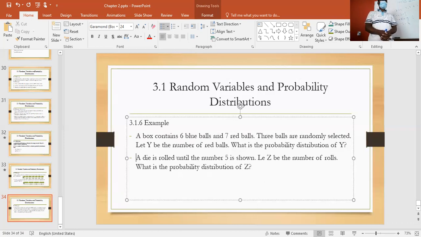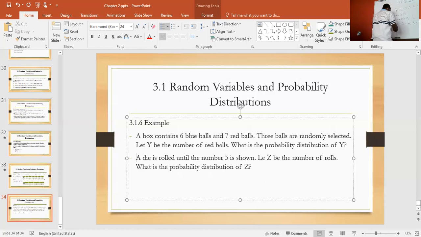Still 5/6, right? Because they are independent. When you roll the die the second time, it is as if you did not do anything the first time. And now the third one, what is the probability that the third one will be a 5? 1/6.